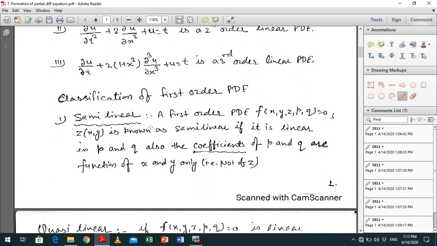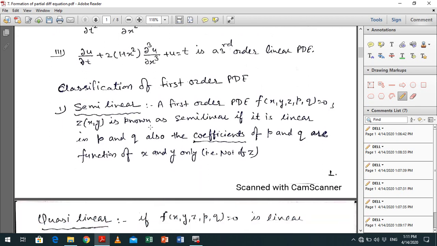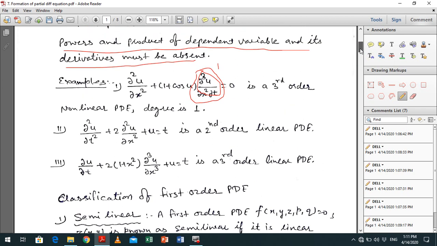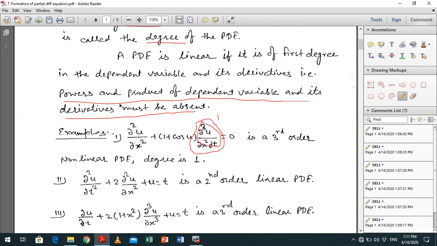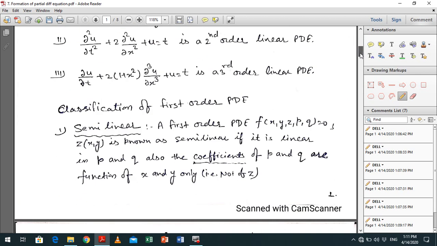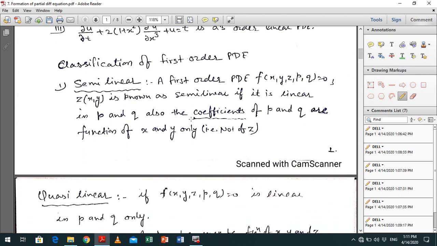Now we look at the classification of first order partial differential equations. These can be divided into some types like linear, semi-linear, quasi-linear and non-linear. We have already seen that a first order partial differential equation becomes linear if the power and product of the dependent variable and its derivatives are absent.